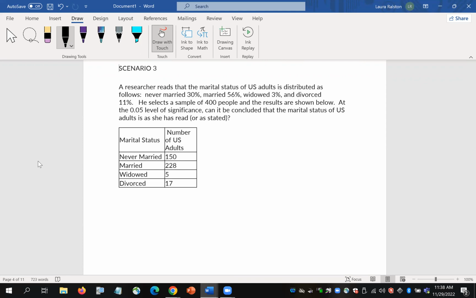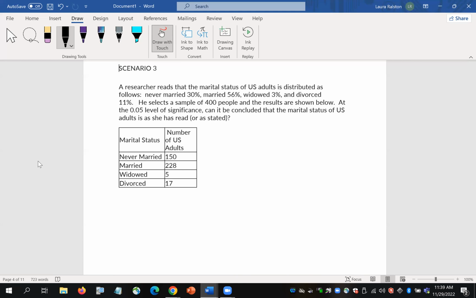He selects a sample of 400 people, and the results are shown below. At the 0.05 level of significance, can it be concluded that the marital status of U.S. adults is as she has read or as stated?